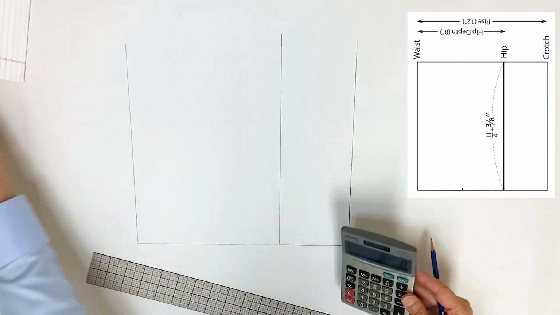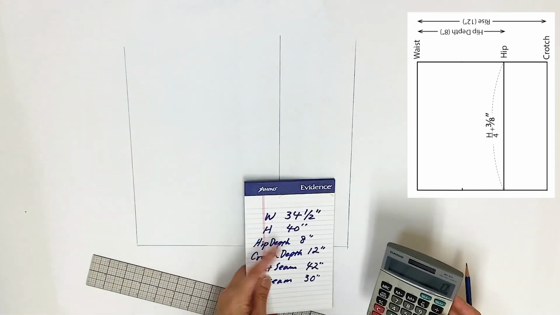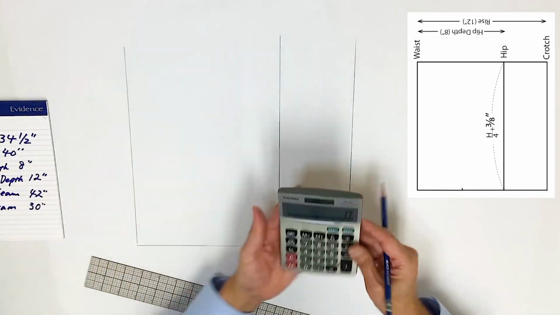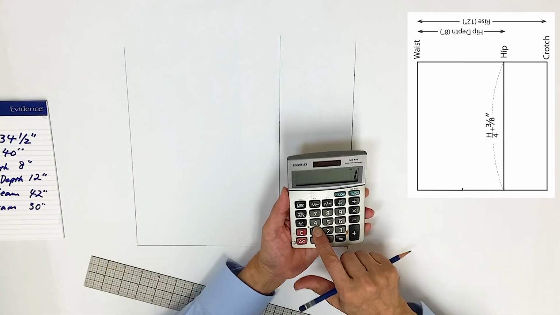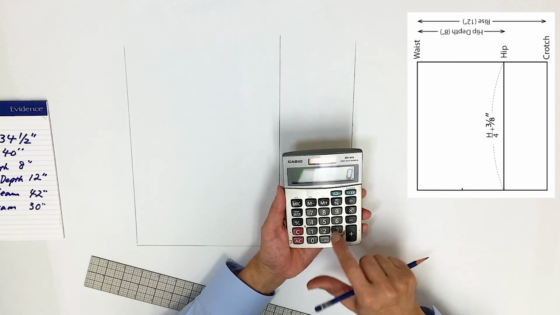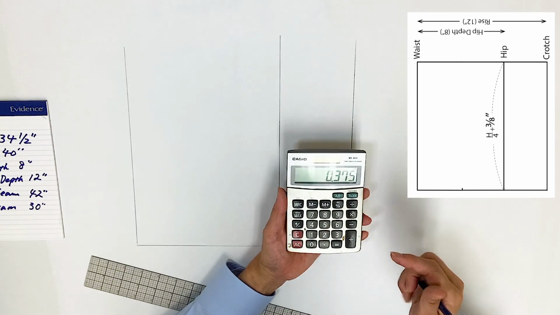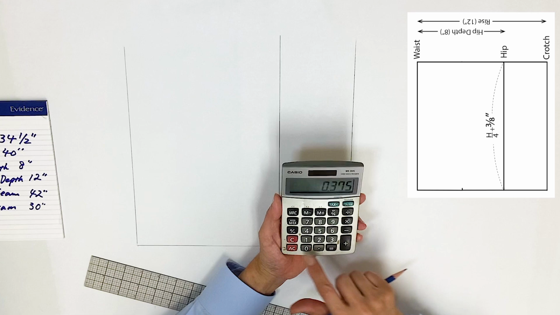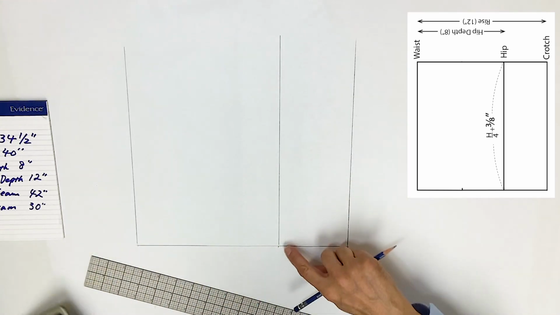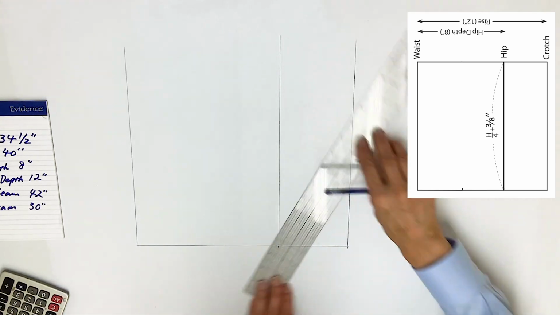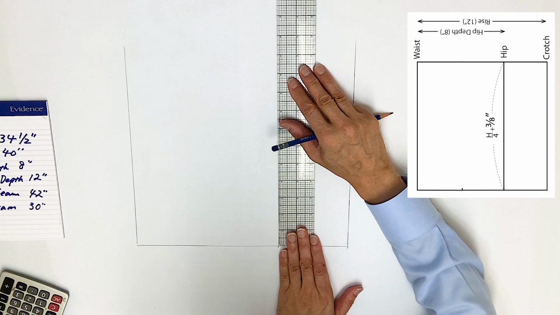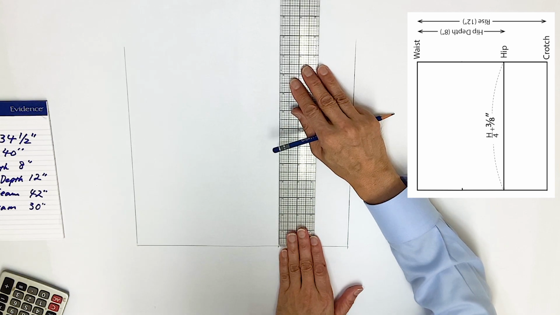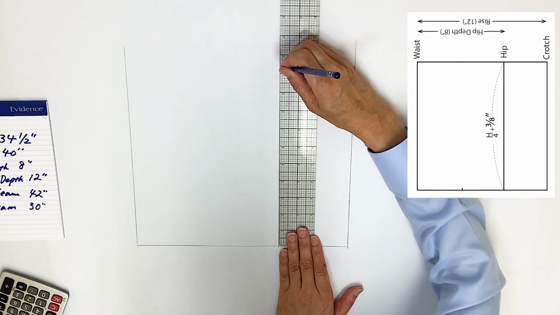My hip measurement was 40 inches, so 40 divided by 4 is 10, plus 0.375 in decimal, which is 3/8. So on the hip line, you mark 10 and 3/8, which is here.